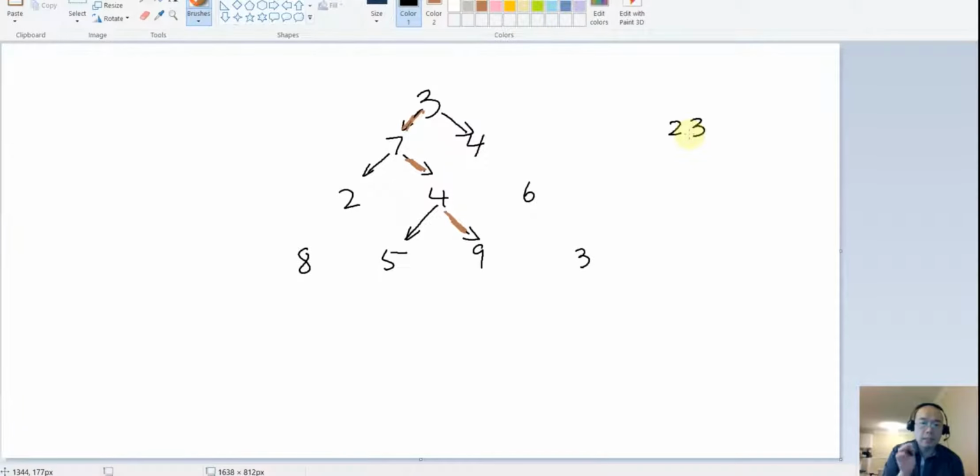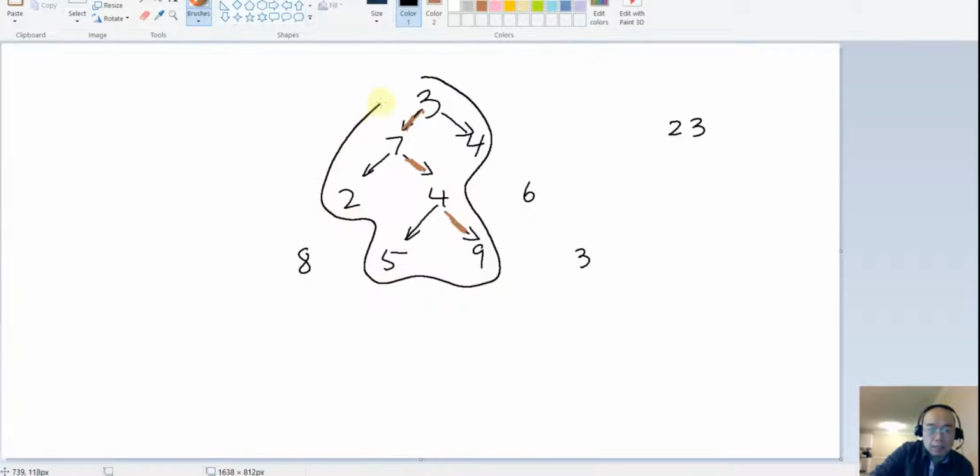So this greedy algorithm does give us the optimal solution only for this case. However, this algorithm doesn't guarantee to give us the right solution. So why?